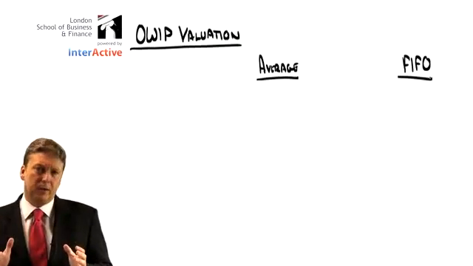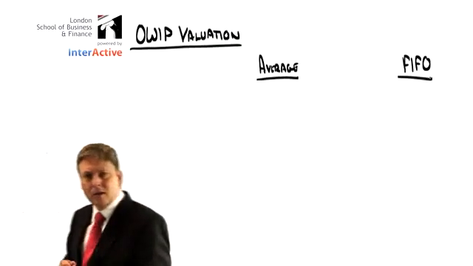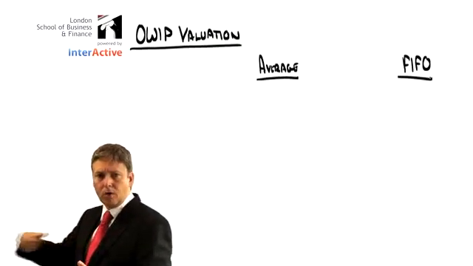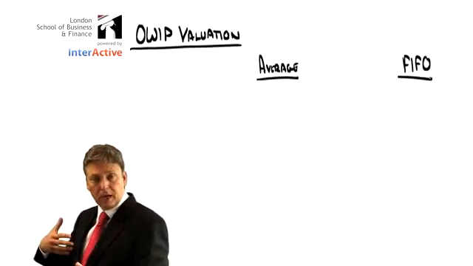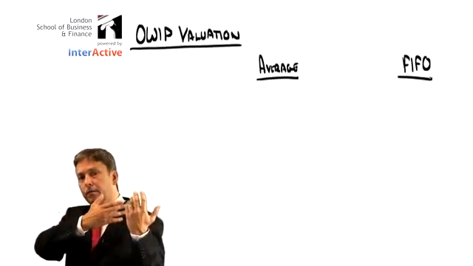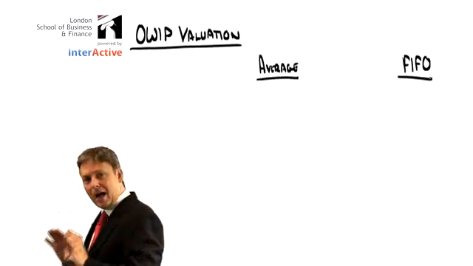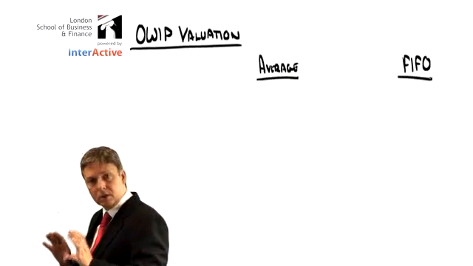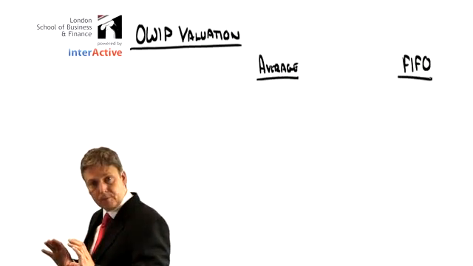With the average method, we stand at the end of the period and look at all of the units that we have produced. We have 2 types of unit. We have the unit that has been produced and passed on to the following process, and the units that are still in closing stock, the CWIP.